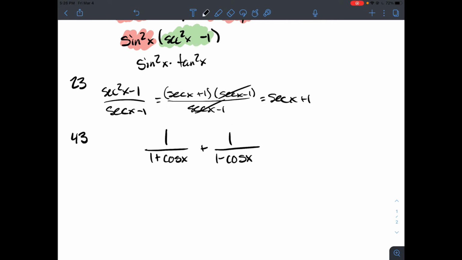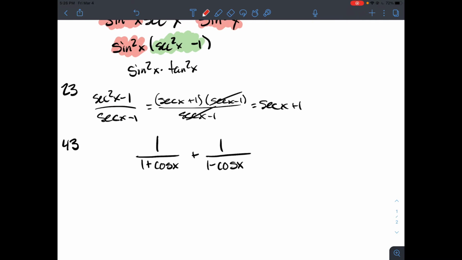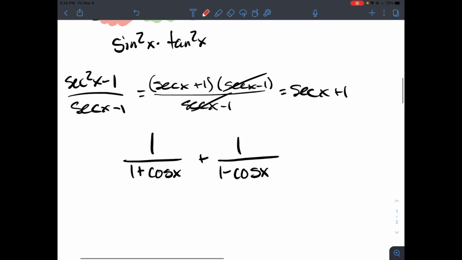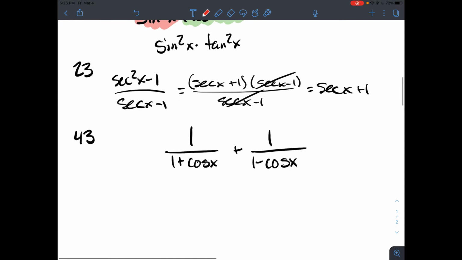So once again, we're only simplifying here. We're not verifying, so we don't have anything that's equal to. To simplify this, I have two terms. You probably want to get it down to 1. So to do that, I'm going to multiply to get a common denominator. So 1 minus cosine of x, 1 minus cosine of x.